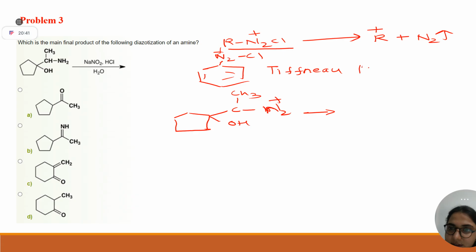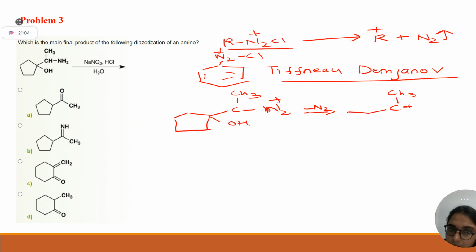This is a name reaction, but the mechanism is almost the same as we discussed previously. Now what will happen? This N2 will leave, giving the carbocation. Only the names will be different; the mechanism will be the same.